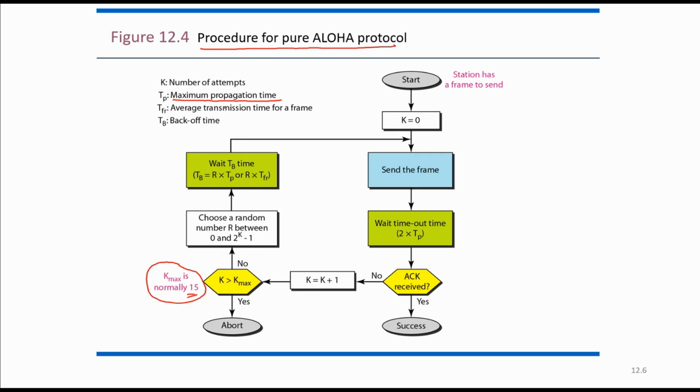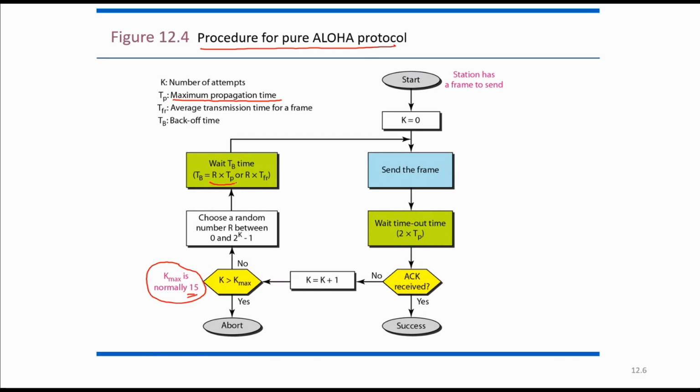Then comes the waiting time, TB, the backoff time. TB is R times TP, where TP is the maximum propagation time and R is selected randomly, so it waits for a random backoff time. After the random backoff time, it sends the same packet again.